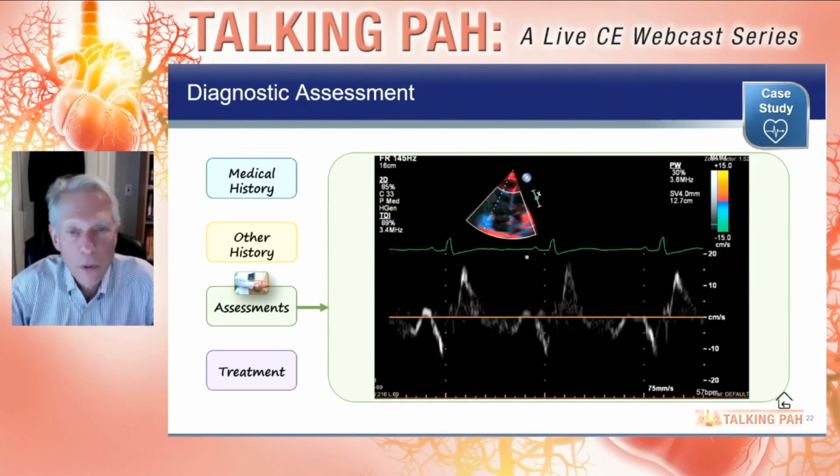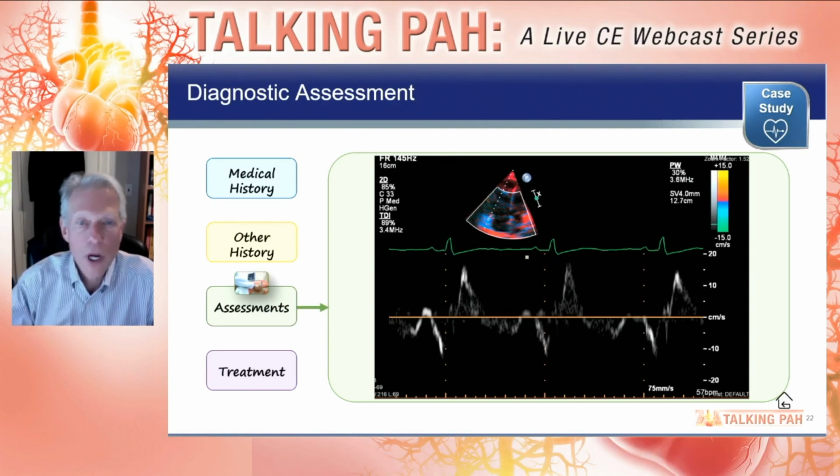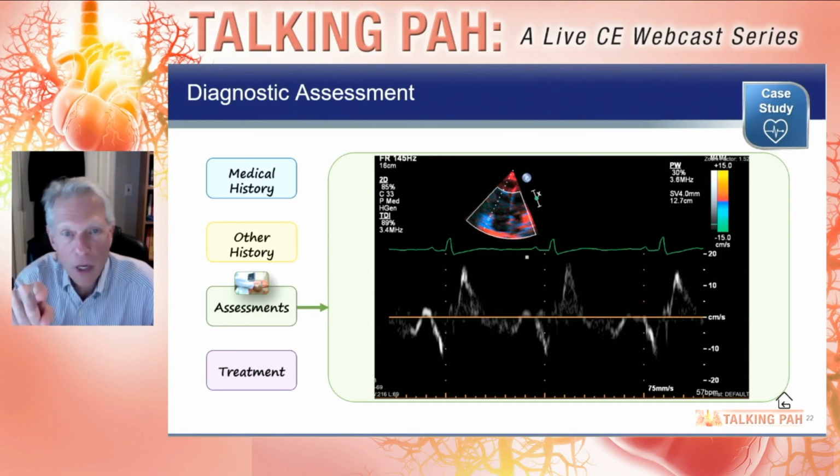The other important thing we do with echo is to assess the functional status of the right ventricle. There are two views that you'll often hear about. This is what we call the S prime. You can see the window up above, and then there's a dotted line that runs into the annulus of the tricuspid valve.